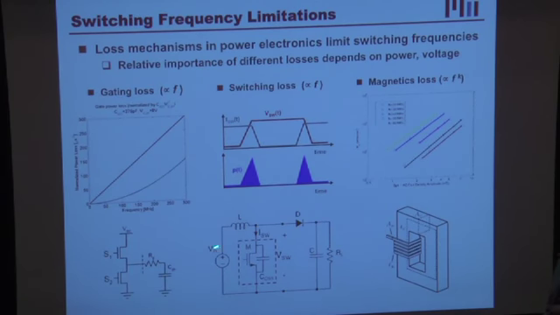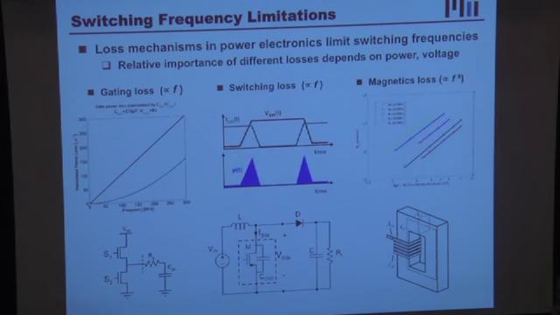Also, intrinsically, if I ever turn a semiconductor device on under voltage, then I collapse the voltage across the intrinsic device capacitance, and that inherently is going to generate some loss. Likewise, if I'm turning a transistor on and off, I usually do that by, for example, charging and discharging some gate electrode, and that mechanism is itself lossy and is proportional to frequency.